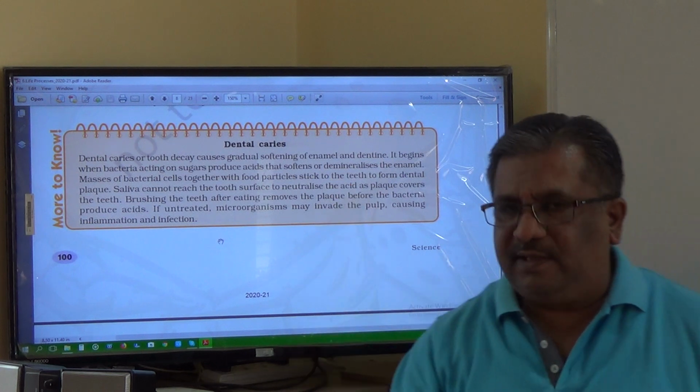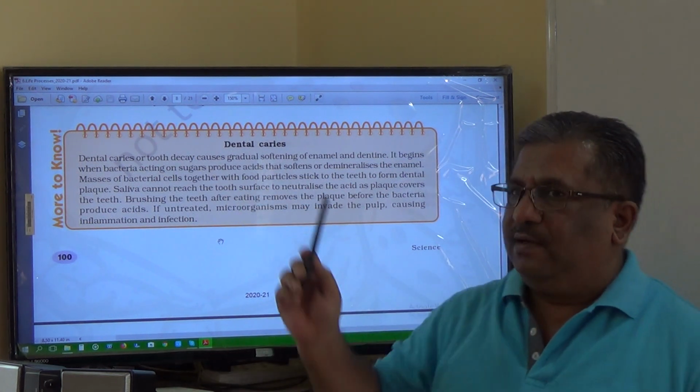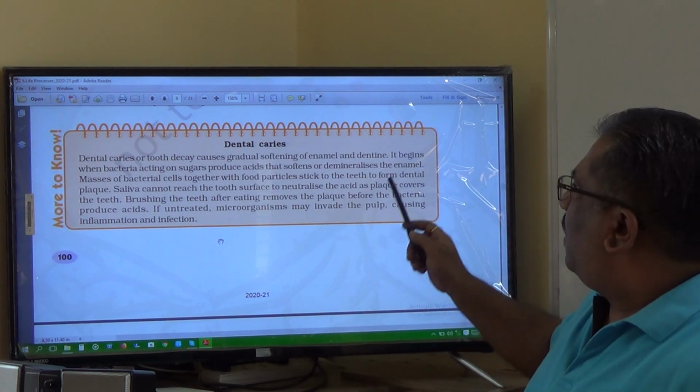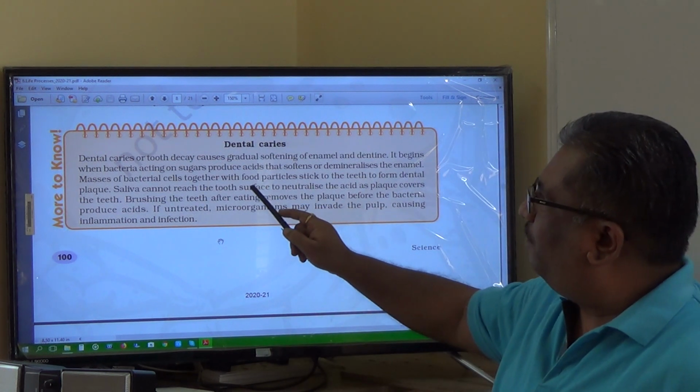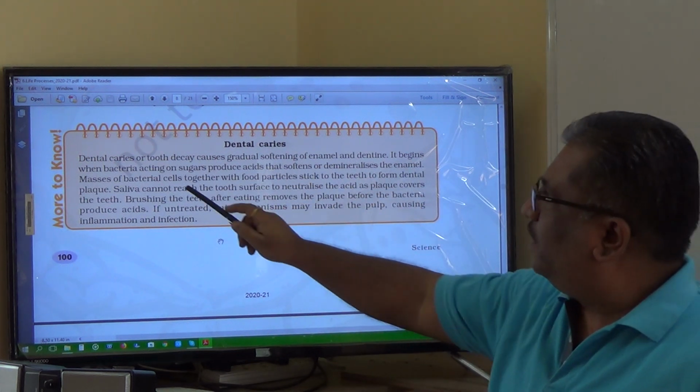Dental caries refers to tooth decay. Here it is important that the tooth enamel is made up of phosphates. It begins on bacteria.